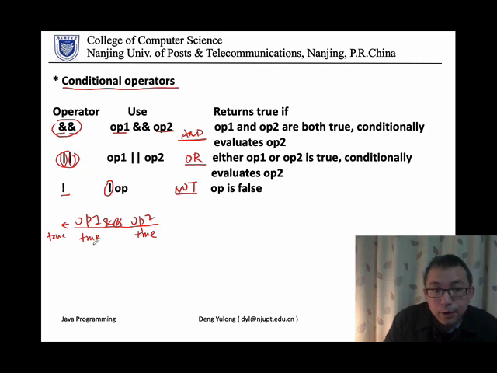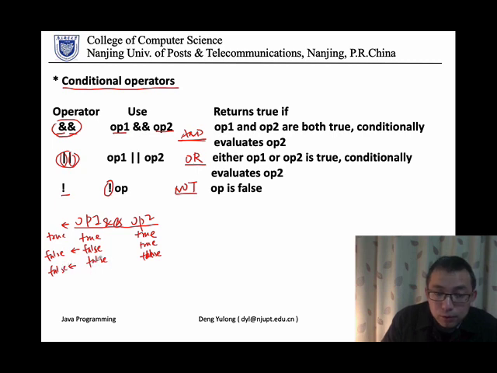Okay, and if the first operand is now not true, it's false, but the second operand is still true, then it will return false. If both of them are false, the return will also be false.